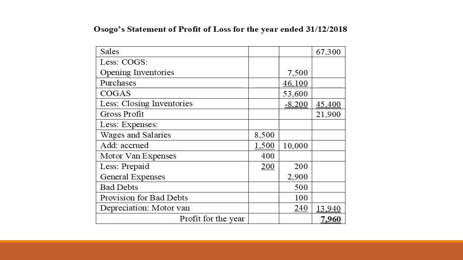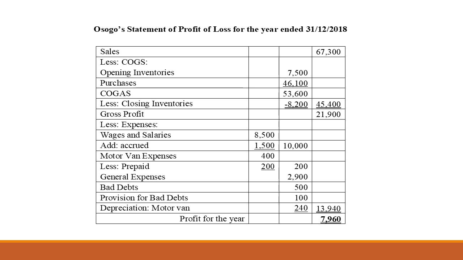To show this, for the statement of profit or loss for the year ended 31st December 2022, we take sales less cost of goods sold. For the cost of goods sold, we need to make an adjustment for closing stock.